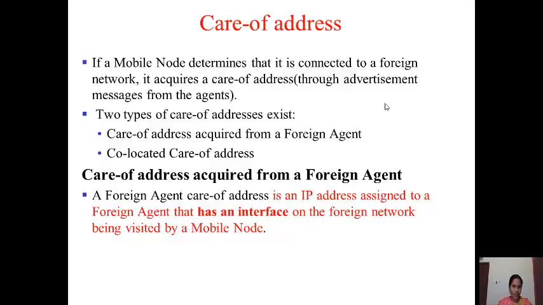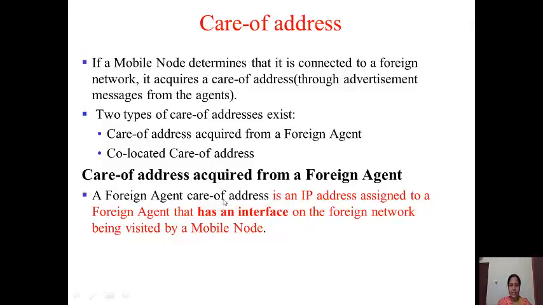So there are two types of care of addresses that basically exist. One is called a care of address acquired from a foreign agent. The other one is a co-located care of address. So we need to understand the difference between these two addresses. First, what is a care of address acquired from a foreign agent?